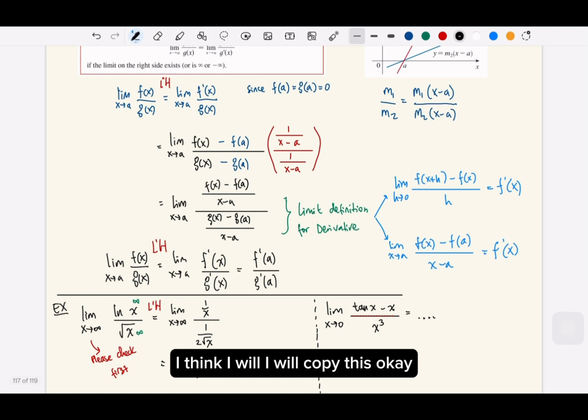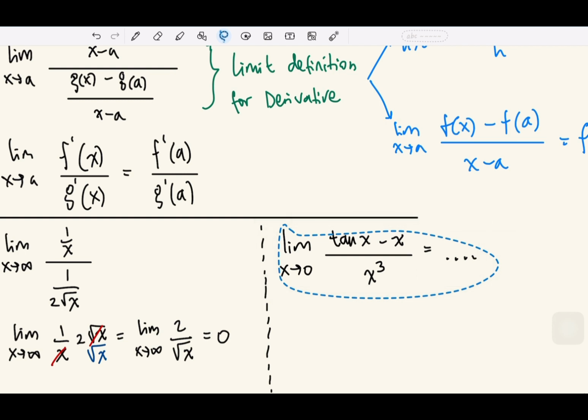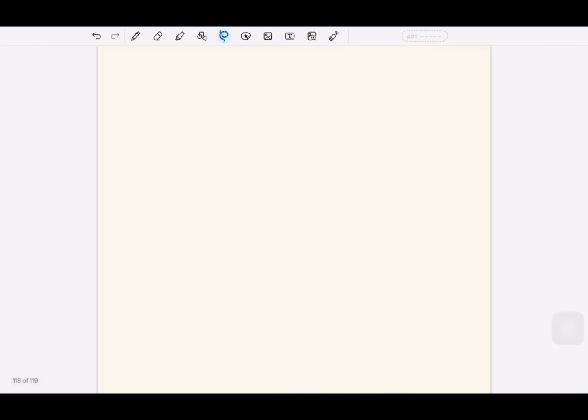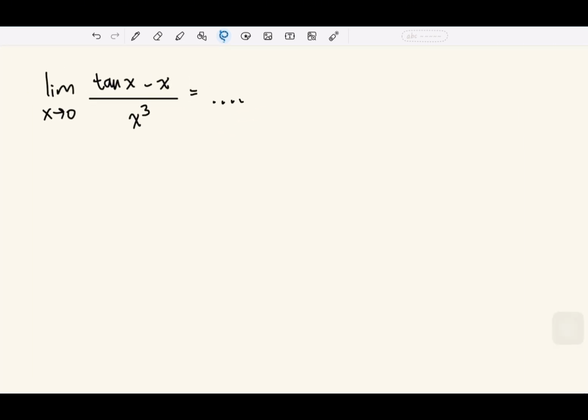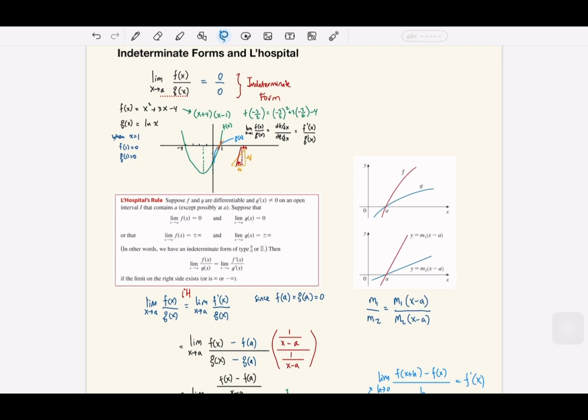I think I will copy this. Okay, I think maybe you need more space, so I will copy to the next page. Okay.